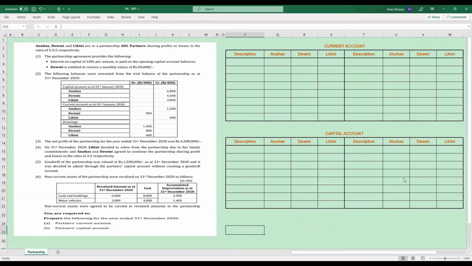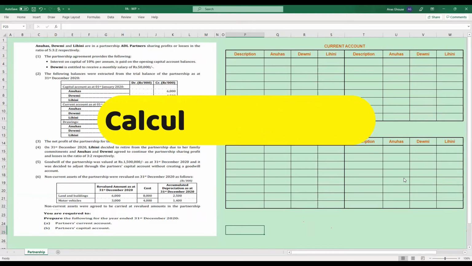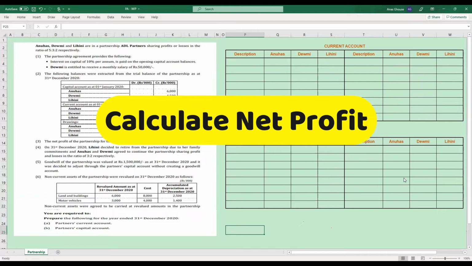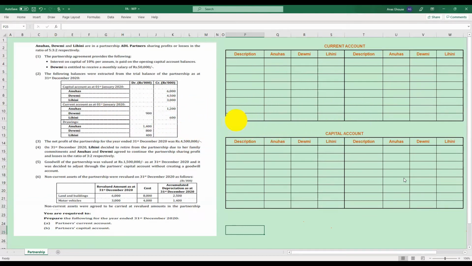Then you need to calculate the profit. As usual, you can take sales and other expenses and calculate the net profit. After calculating, the net profit has to be distributed among the partners. Before you distribute it, you need to deduct certain expenses relating to the partners, according to the partnership agreement.